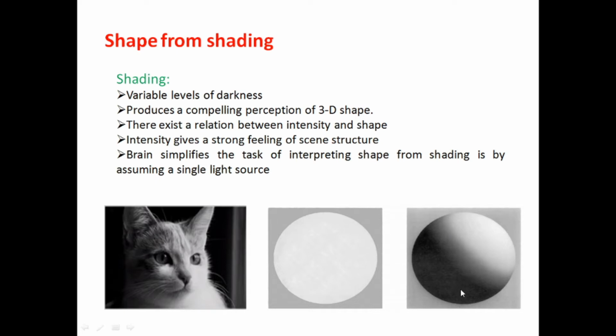So by seeing the shading present in the image, the brain simplifies the task of interpreting the shape from shading. But does computer vision also have the capability or ability to trace out the shape or structure from a given shaded image? Let us see whether it will do or not.